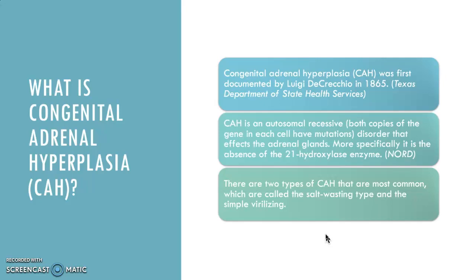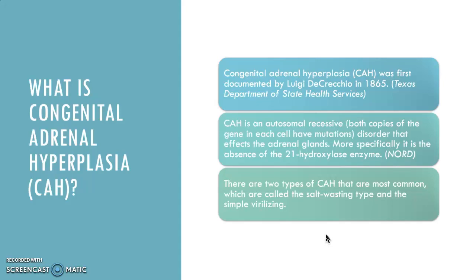So basically, congenital adrenal hyperplasia is a disease process that occurs in our adrenal glands, which are located on top of our kidneys. The adrenal glands are responsible for the production of several hormones. Most specifically, we're going to be talking about aldosterone. However, it also deals with cortisol levels, ACTH, and other things that stem from our hypothalamus.